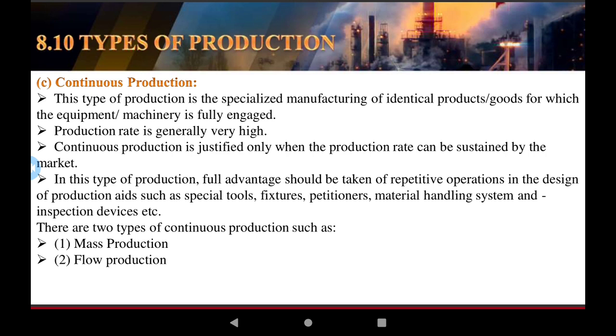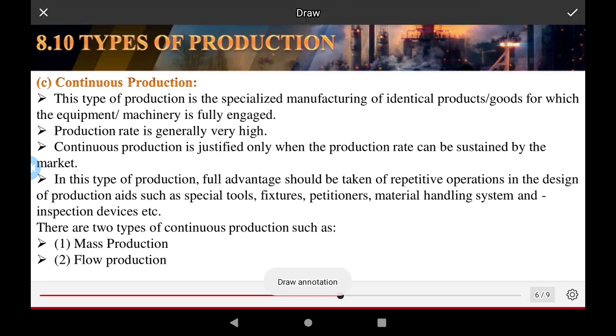The production uses special tools such as applicable tools, fixtures, materials handling systems, and inspection devices available in the continuous production system. There are two types of continuous production system: the mass production system, and the second is flow production.